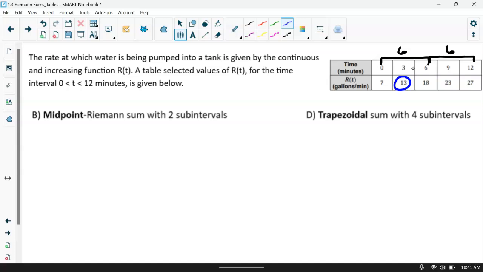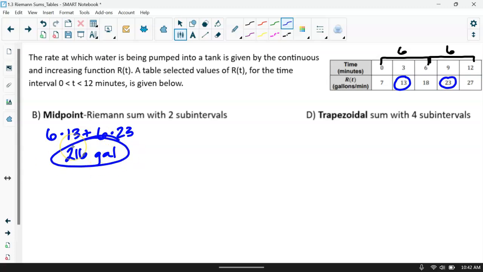So here we're at 6 times 13 plus, so what value represents the middle here that we would also multiply by 6? 23. That is the midpoint. So in this case, we're at 216 gallons.